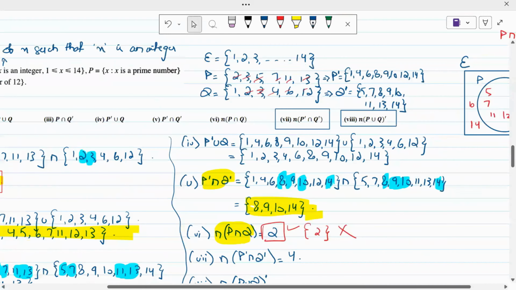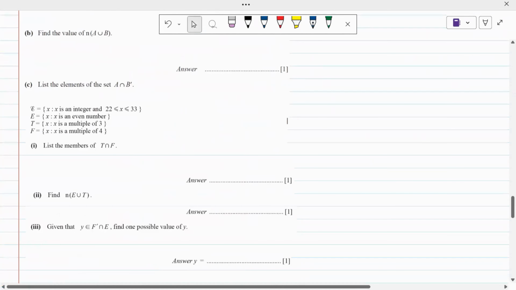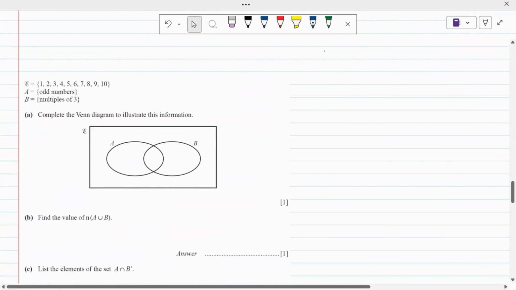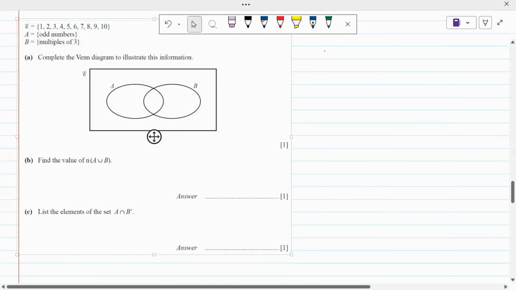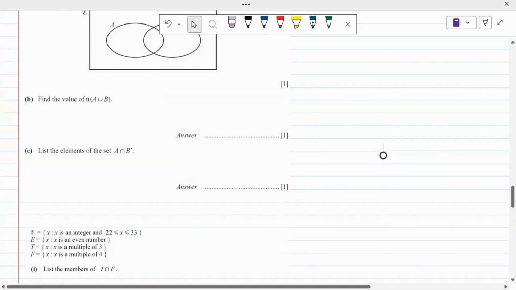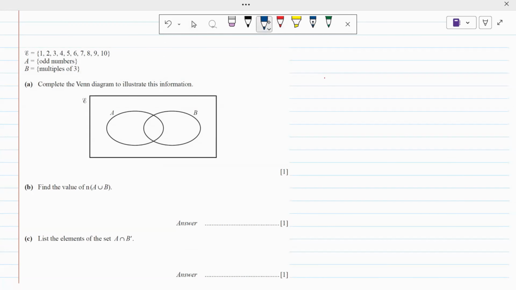Okay, let's solve a few questions from the past paper. Here, this is the universal set, given as 1, 2, 3, 4, 5, 6, 7, 8, 9, 10.